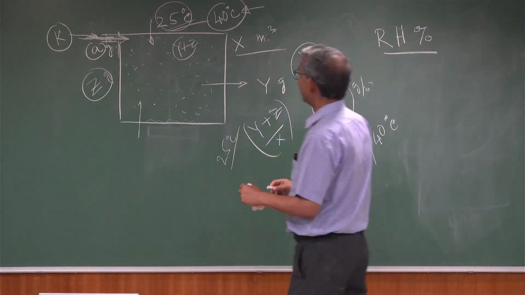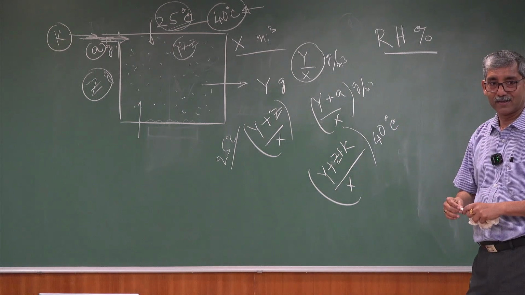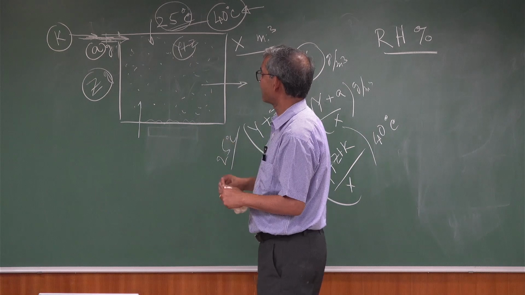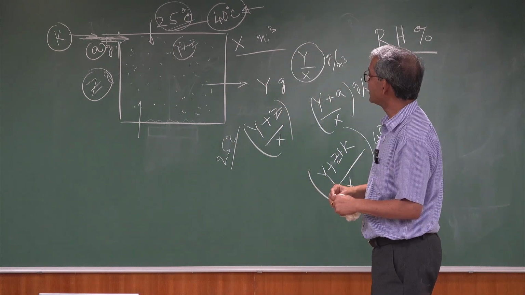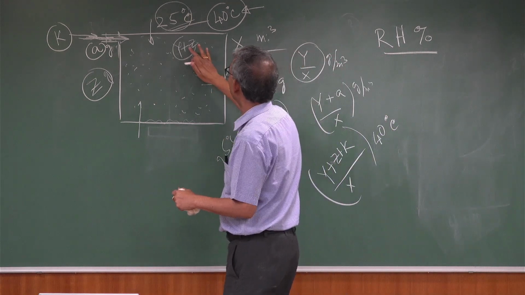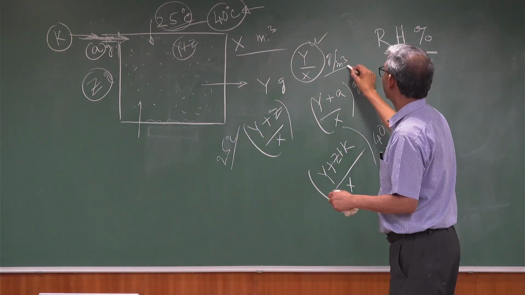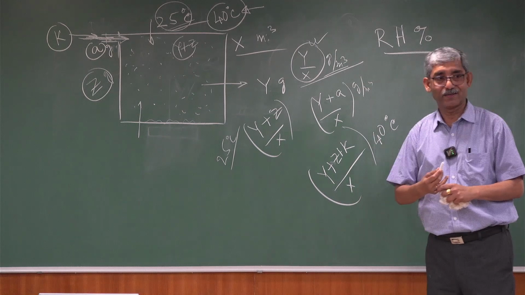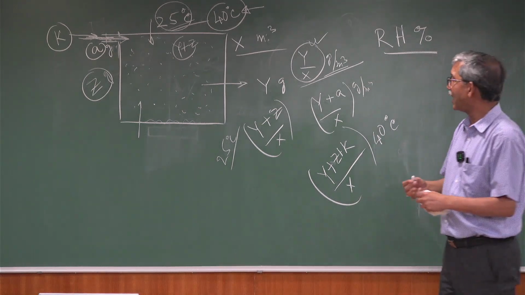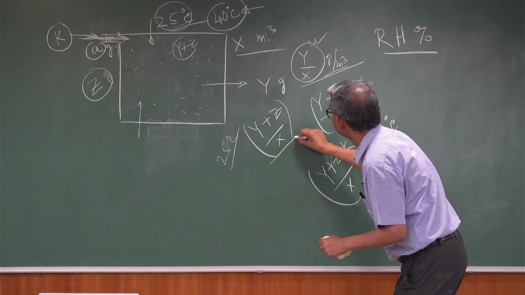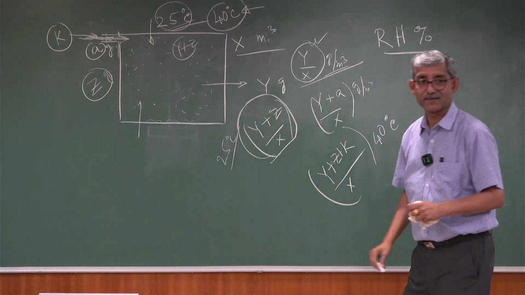Now here, again come back to 25 degrees Celsius. At 25 degrees Celsius it was Y grams, okay, absolute humidity. And what is the saturated humidity? This.